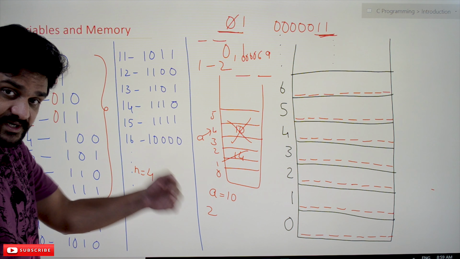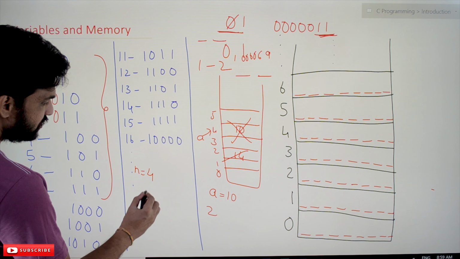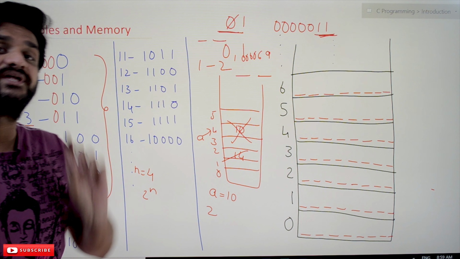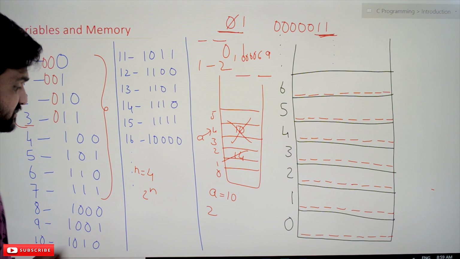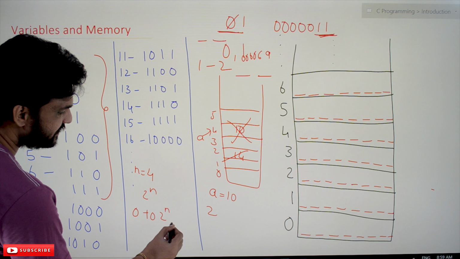The number of decimal numbers that can be represented with 4 bits is 2 power n. And what is the range of those numbers? The range is from 0 to 2 power n minus 1.